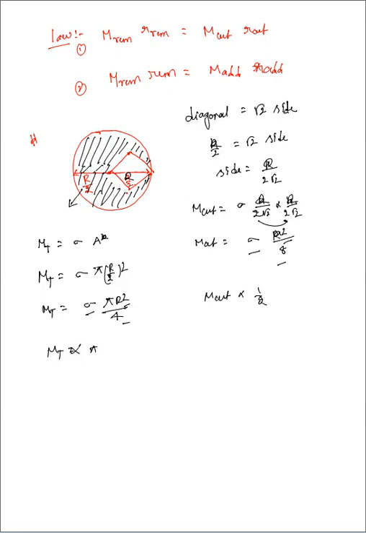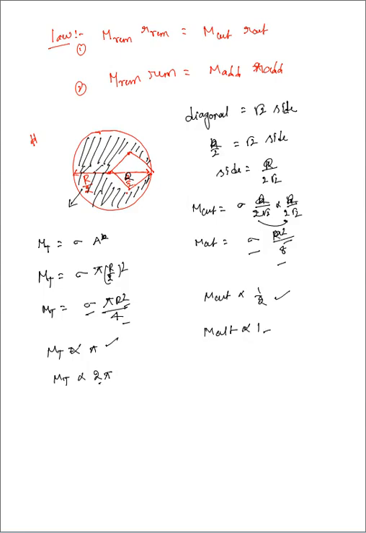Otherwise, if M cut is 1, then M total can be written as 2 pi, twice of that.